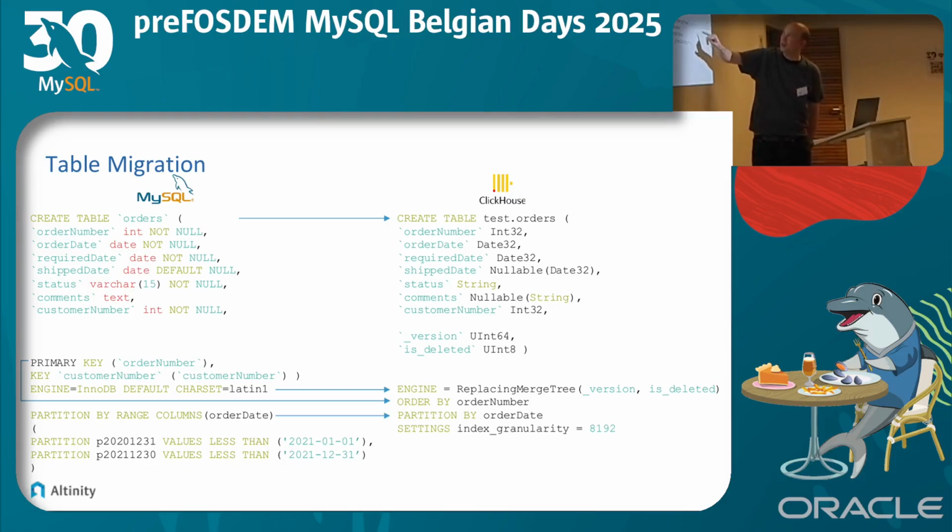With a version field and an is deleted field, you can have a stream of inserts, and then you can have merge on reads, meaning that you can read that table and say, hey, ClickHouse, only keep the latest version and remove whatever is deleted. And so also ClickHouse in the background merges this information.